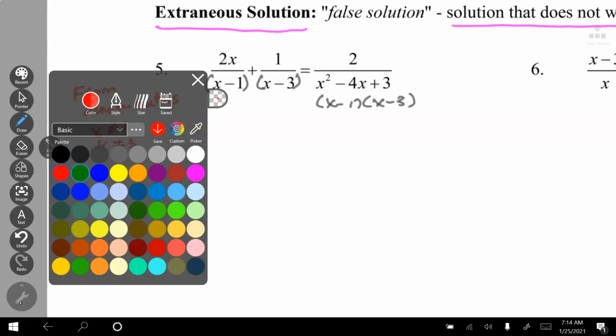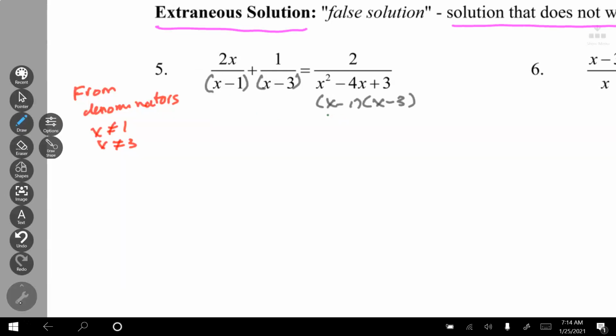So what am I going to do? I'm going to multiply every term by the common denominator, which is just (x - 1)(x - 3), for each term. Okay, so here we go. This is what we have.